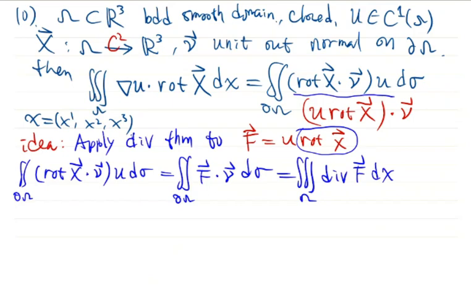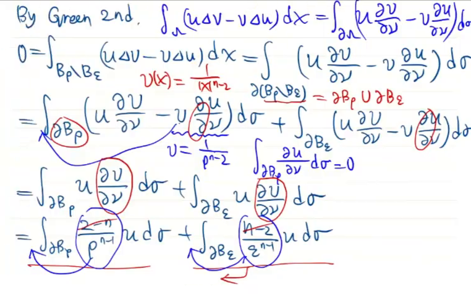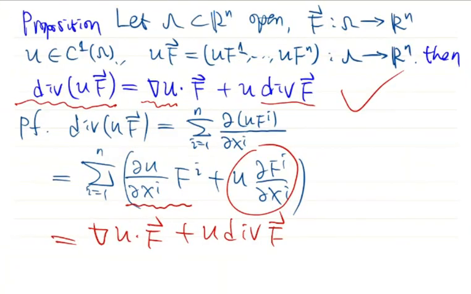The divergence of F is the multiplication of the scalar function U with the vector function curl X. By our previous proposition, which we mentioned several times already: the divergence of a scalar function multiplying a vector field equals the gradient of the scalar function inner product with the vector field, plus the scalar function multiplying the divergence of the vector field.